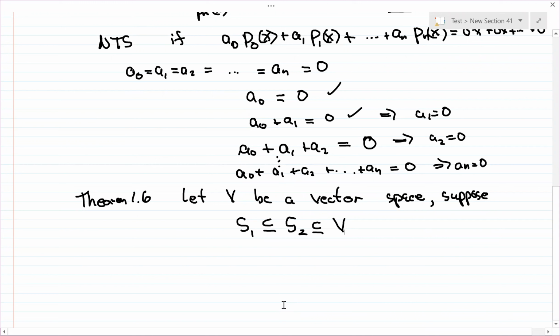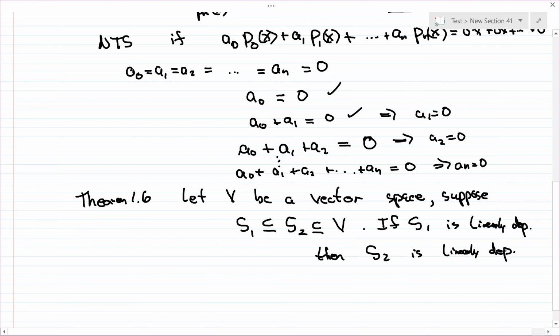If S1 is linearly dependent, then S2 is linearly dependent. That's it. Okay, proof exercise.